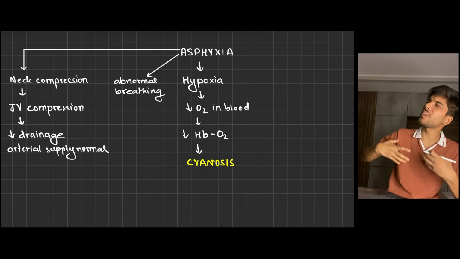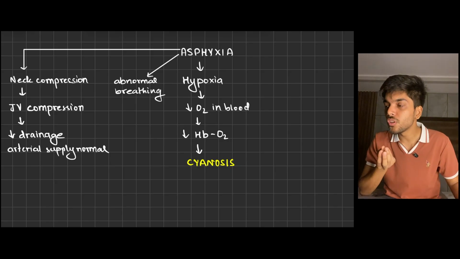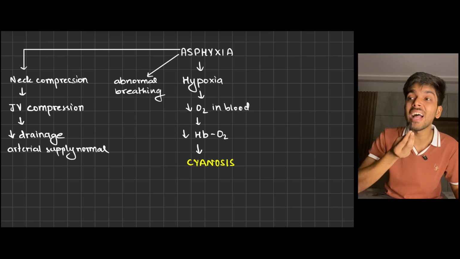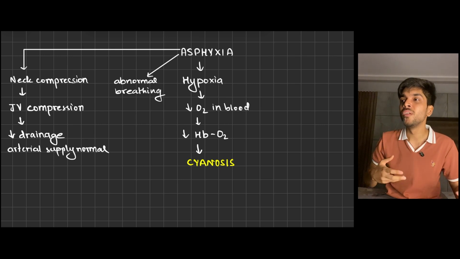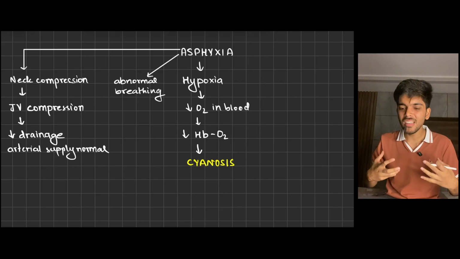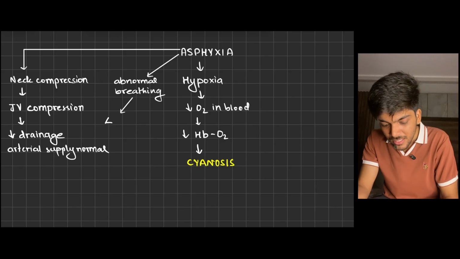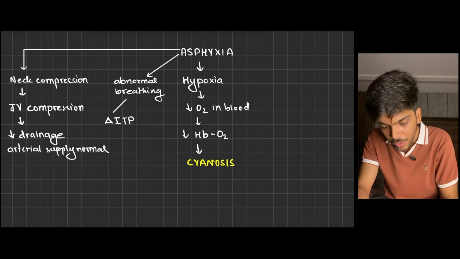There is too much pressure inside the intrathoracic cavity, or maybe there is a case of choking, that is, food has lodged in your respiratory tract. You suffocate, there is too much intrathoracic pressure. So there is abnormal breathing and changes in intrathoracic pressure, and that will also lead to reduced drainage.